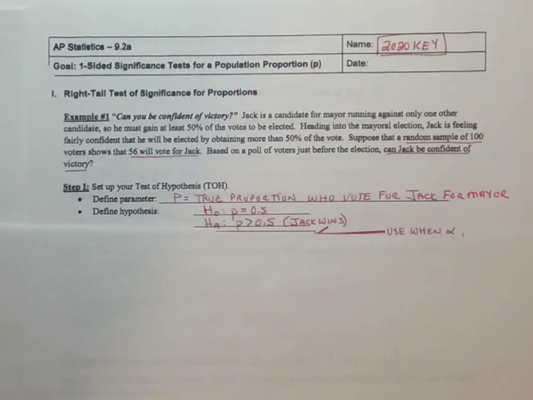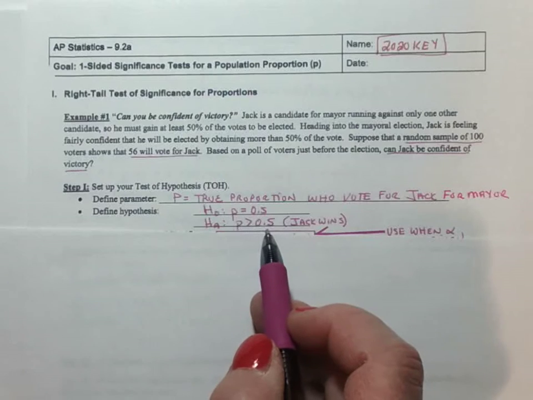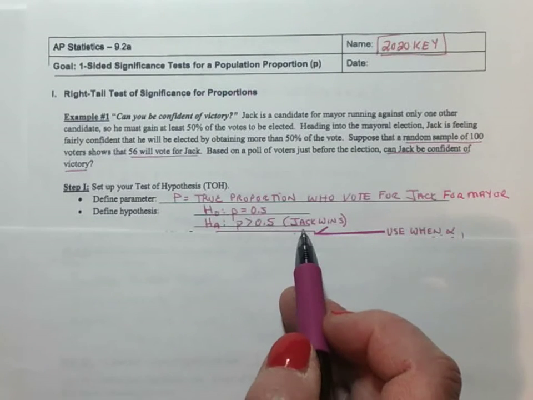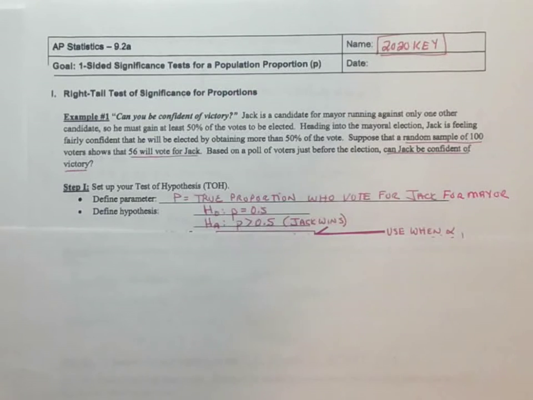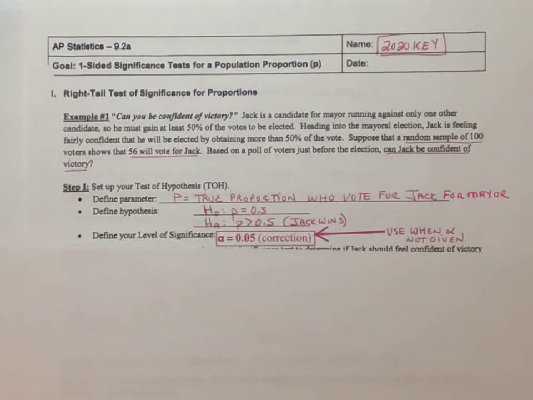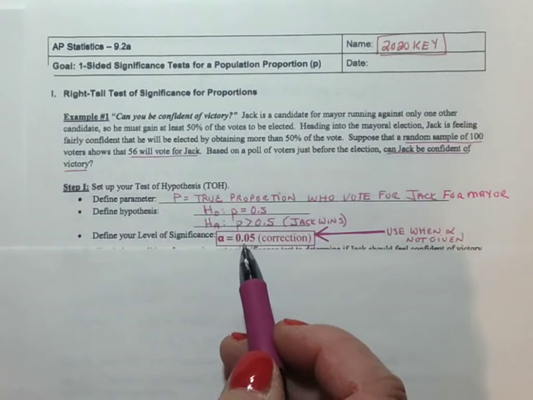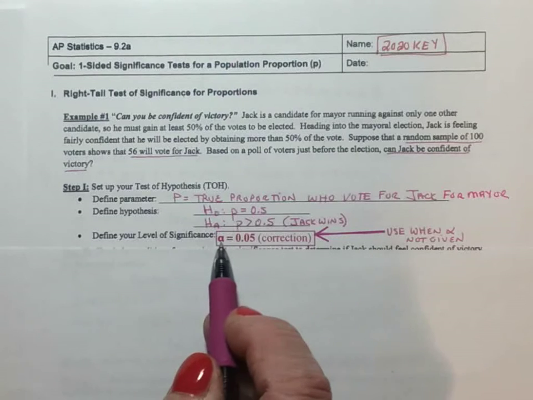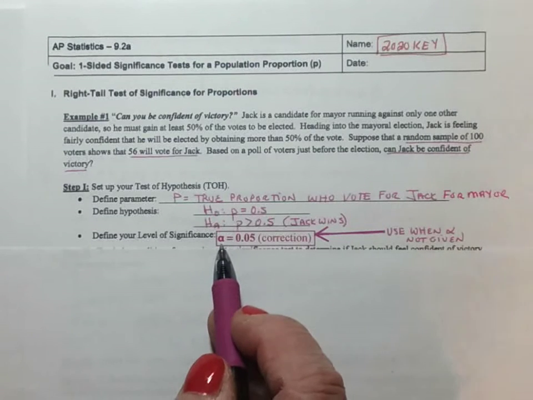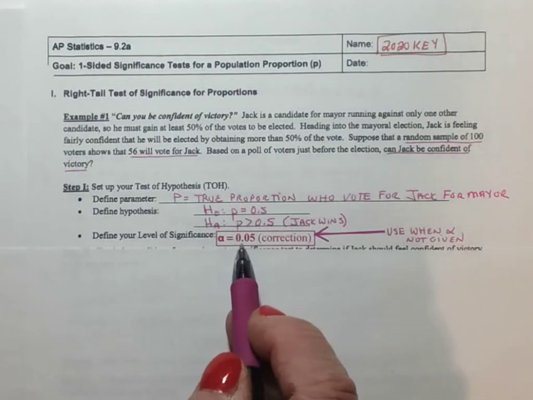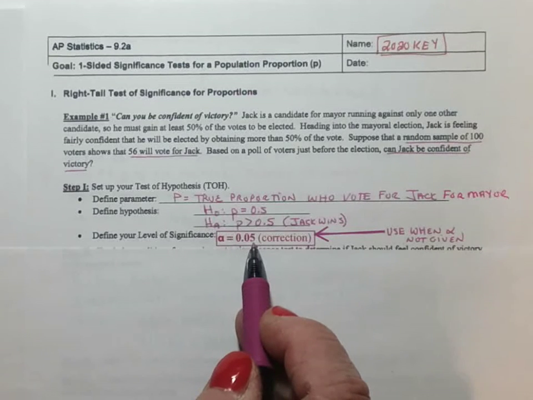And our alternative hypothesis is that P is greater than 0.5 because we want to determine, does Jack win? So when I first did this, I made a little bit of an error. Be careful with your decimal places. For the level of significance, if you're not given alpha, then you use alpha equals 0.05.